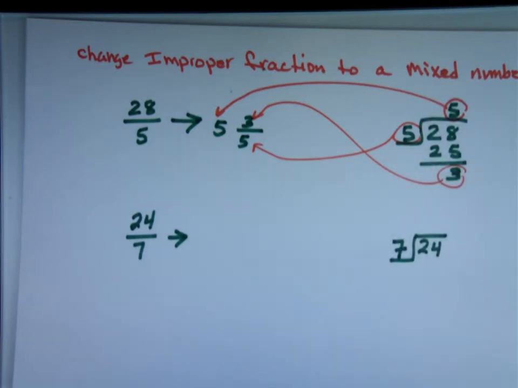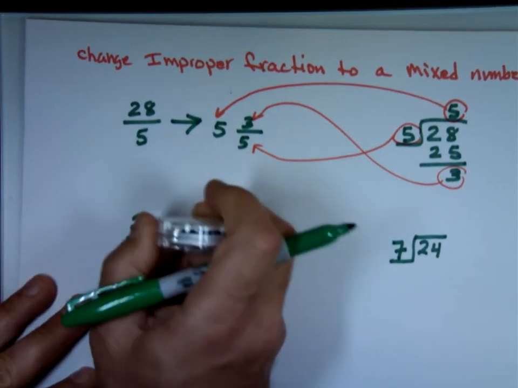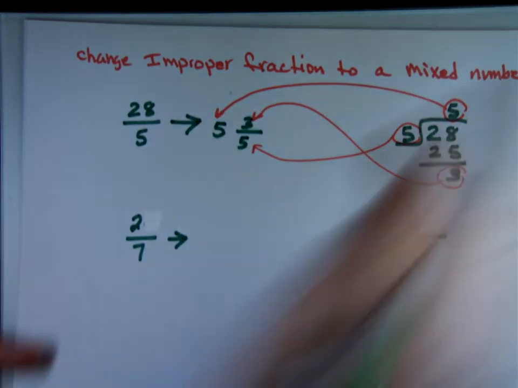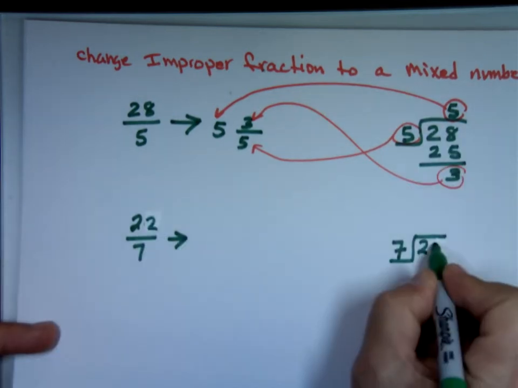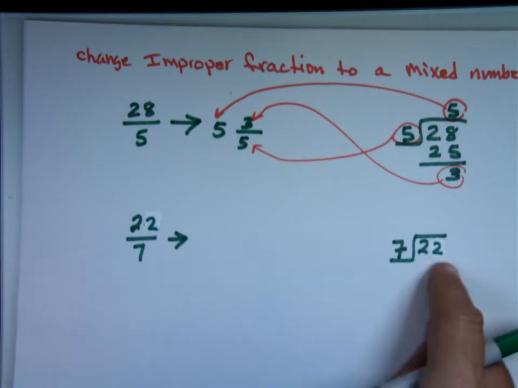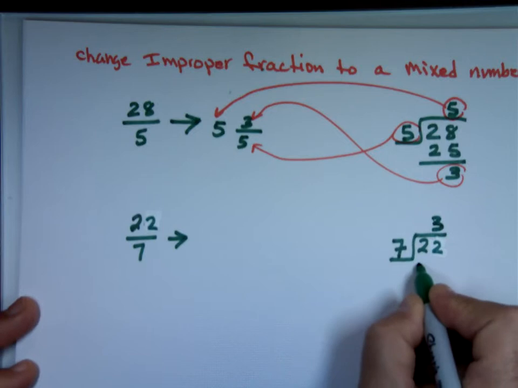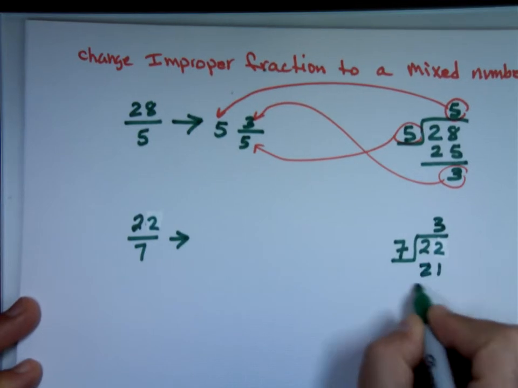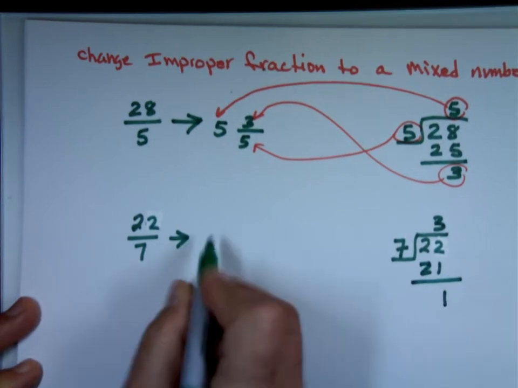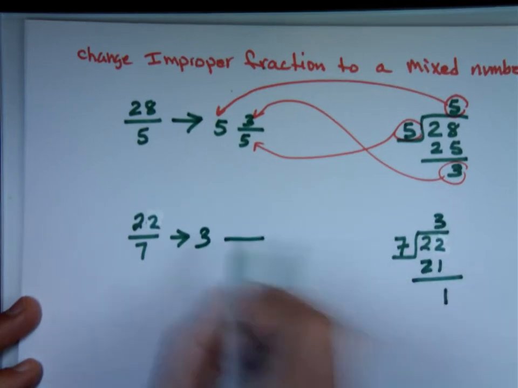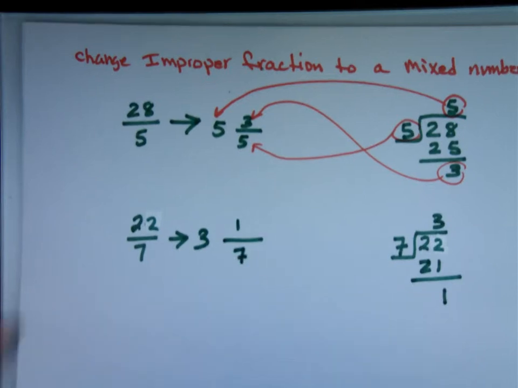Let's make it 22, because I want to make sure the numbers are different. 22. Okay. What's 22 divided by 7? 3. 3 times 7? 21. What's the remainder? 1. So the answer, there's the 3 that goes in the front, and 1 out of 7. 3 1/7.